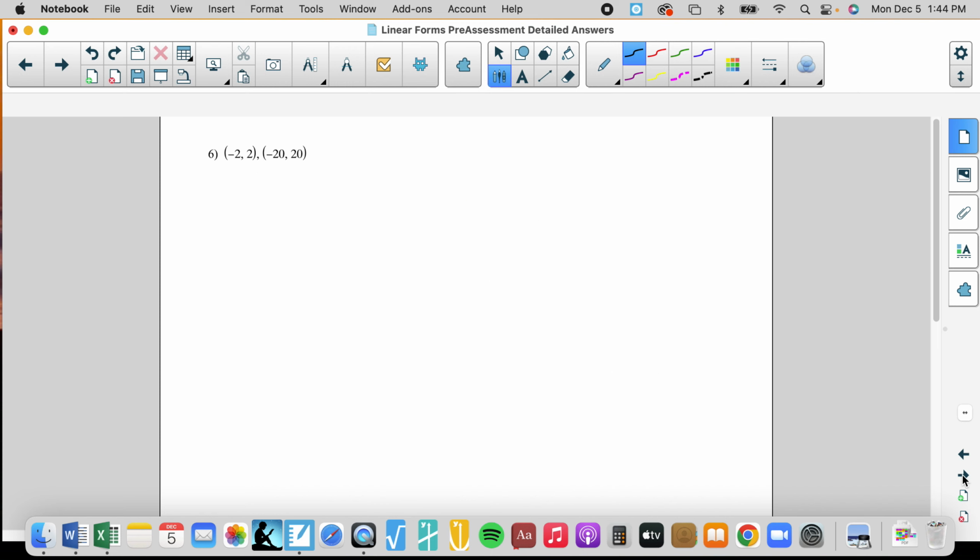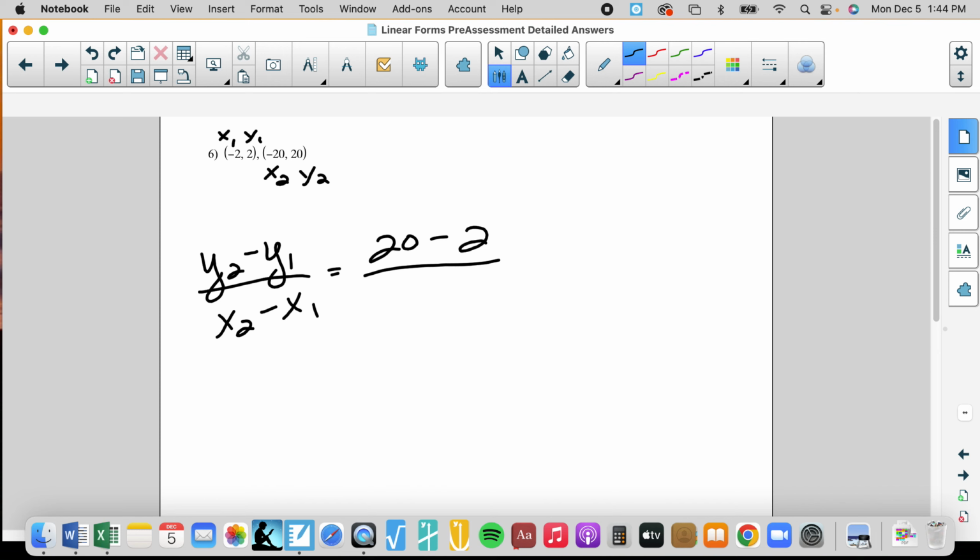This is my x sub 1, y sub 1. This is my x sub 2, y sub 2. The equation again is y sub 2 minus y sub 1, over x sub 2 minus x sub 1. Y sub 2 is 20 minus y sub 1, which is 2, over x sub 2, -20, minus x sub 1.